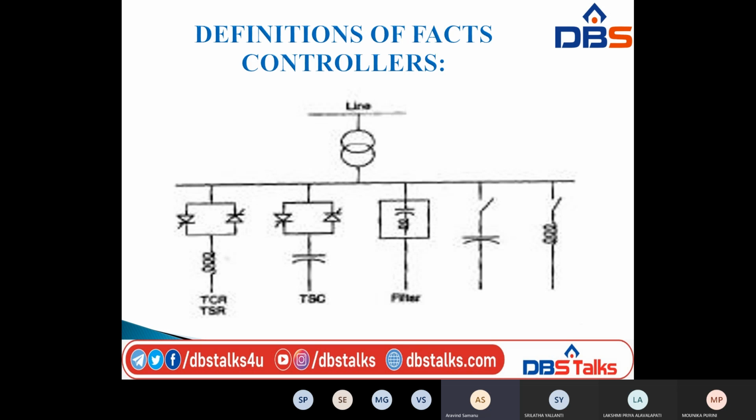The two are similar, only some difference is there, which I will discuss. Next we have TSC, the thyristor switched capacitor, and then we have filters. This is the transmission line and this is the transformer. These are the components used in the SVC, static VAR compensator.